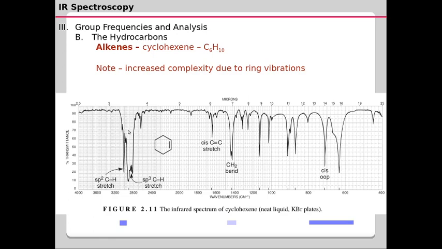And now you might be able to distinguish this band as the band due to the CH stretching vibration of the sp3 hybridized carbon of the rest of the molecule. And this sharp band at around 1650 centimeter inverse is due to the cis C double bond C stretching vibration.